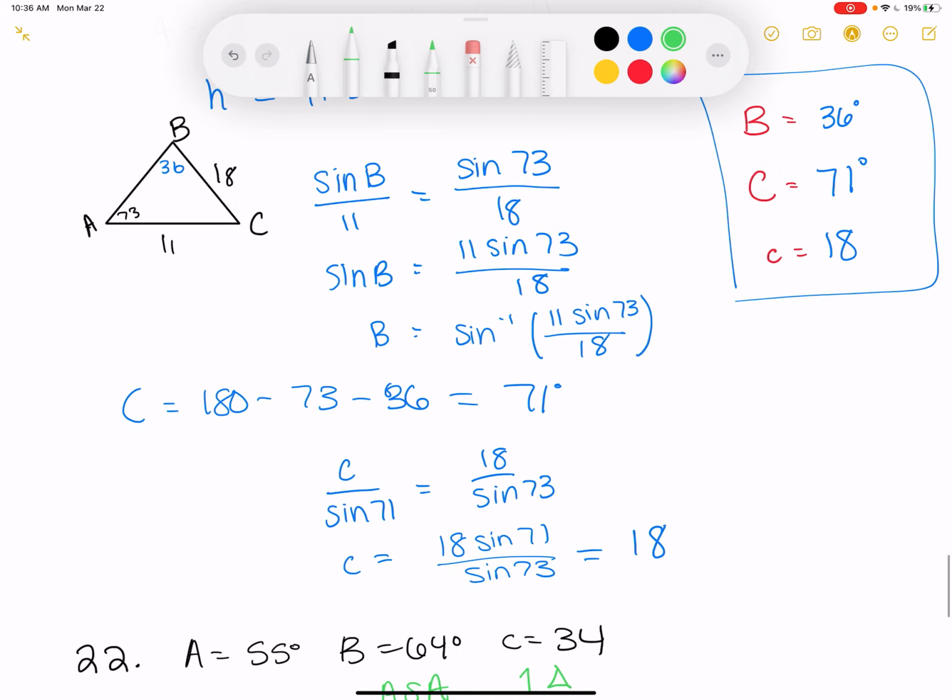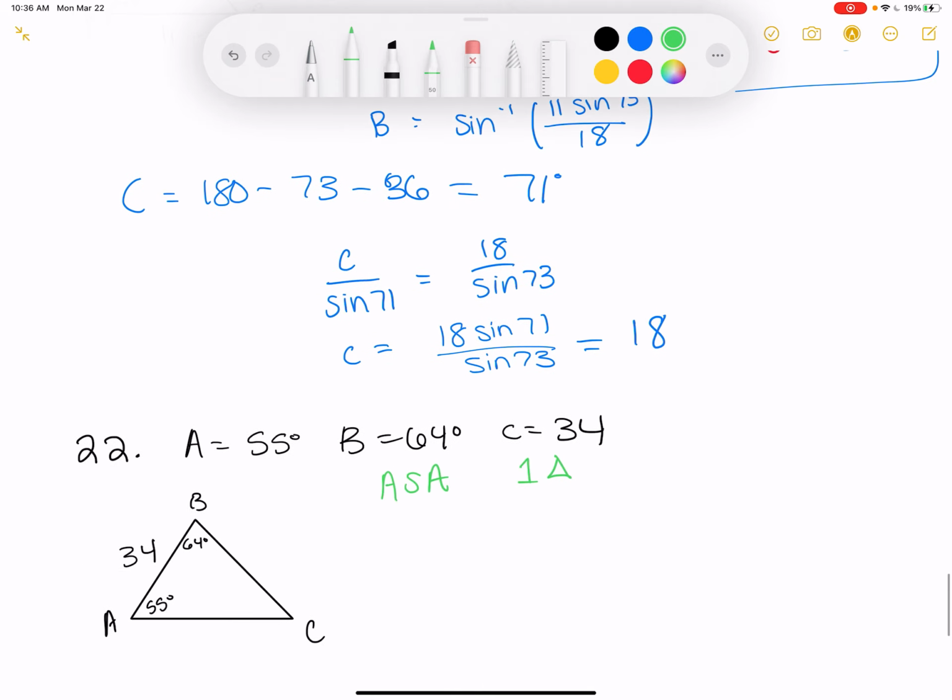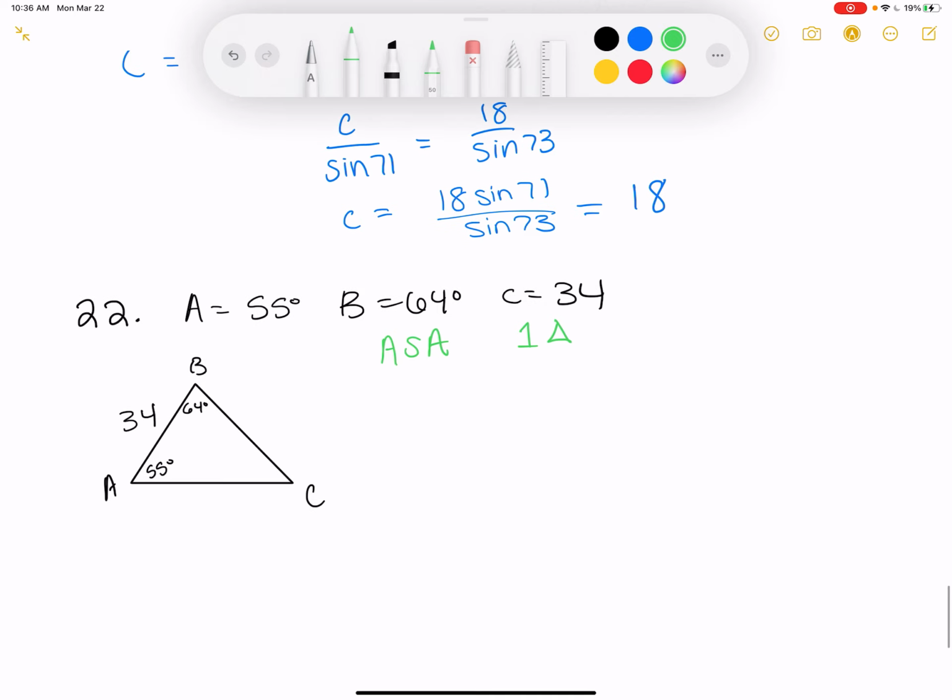It's a little bit different, but the idea of using the formulas is the same. I'm missing angle C, little a, and little b. So what is angle C going to be?